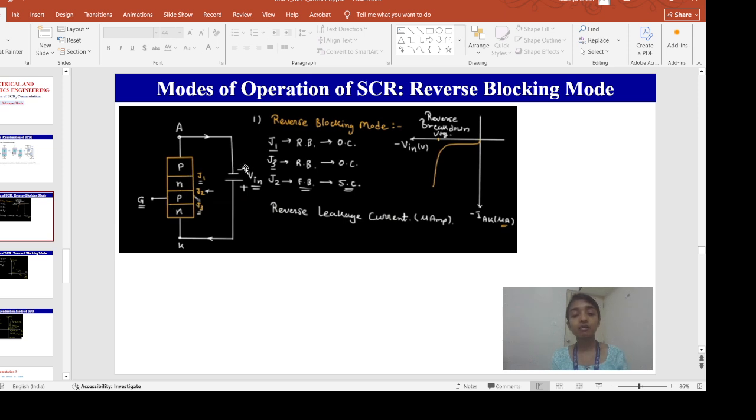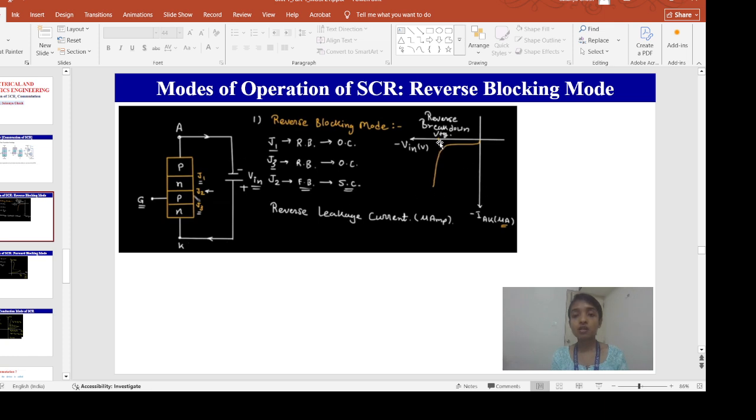Now if we apply a very high reverse bias voltage, then at a certain limit it will cause breakdown in the depletion regions existing at J1 and J3. Okay, and the depletion region will vanish, and the J1 junction and J3 junction will act as a short circuit, and a huge amount of current will start flowing through the circuit.